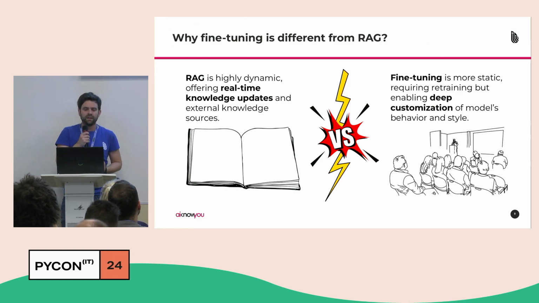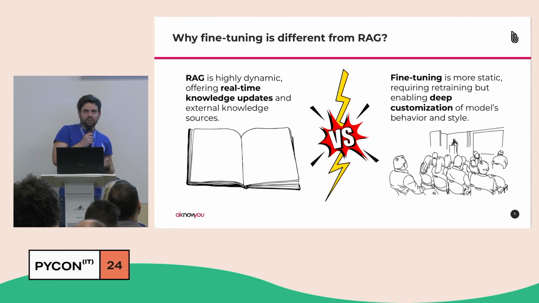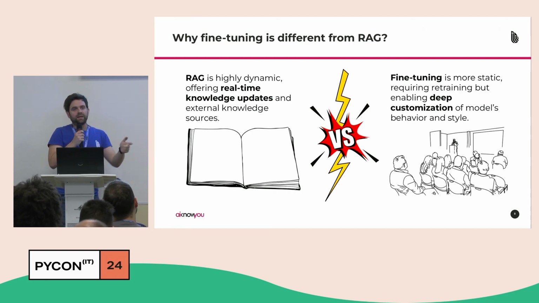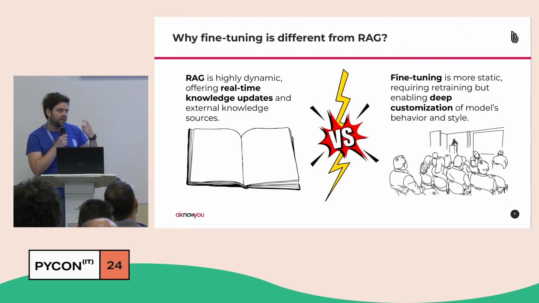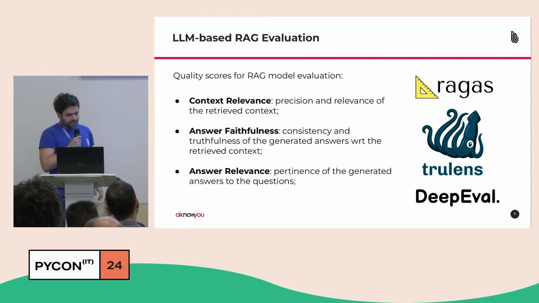It is more static, but is able to go deep down and change the large language model. So it encapsulates in the large language model the behavior, the style. So it's another pre-training. You can do it just a few times. The RAG is dynamic. You can change whatever you want. The fine-tuning is one for all, because it's costly, time-consuming, and so on and so forth.